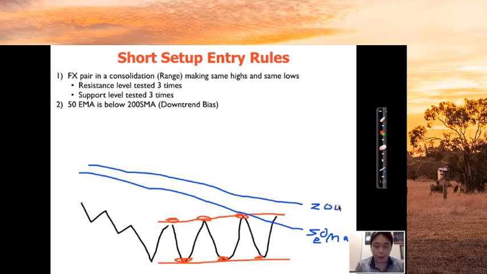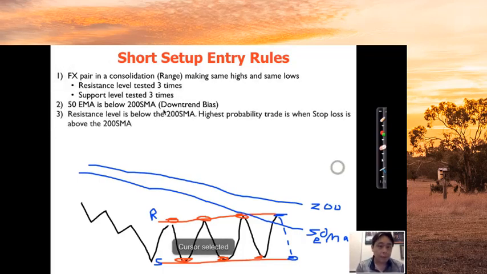In this case, we're looking to sell or go short at this resistance level. So we're going to place a sell order there. When the price goes up, we anticipate it's going to reverse back down, and we're going to buy it back over here to close our trade for a profit. So that's the whole idea, right?